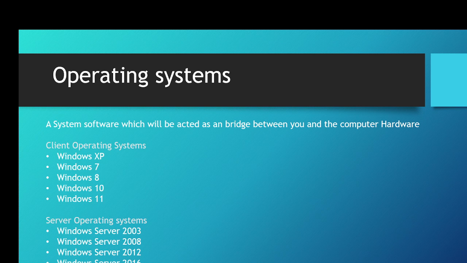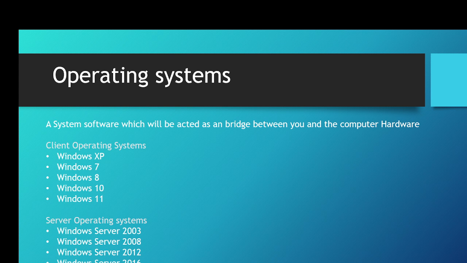But as soon as you install the operating system, it will ask you to enter your username and password. Once you enter them, if you want to play some movie, you just go to the movie, double click, and the movie will be played. That means the operating system is very, very important, because that's the life of a computer. If there is no operating system, it is lifeless, no use at all.